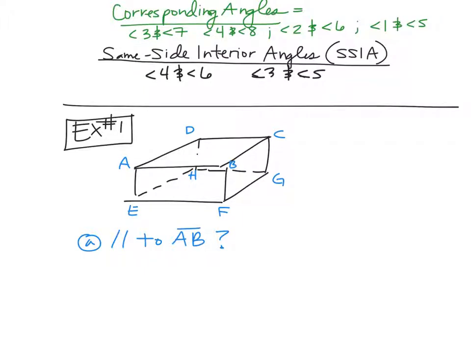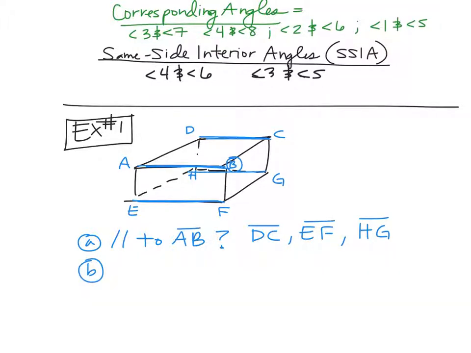We'll just do segments. Do you see any segments that are parallel to AB in this picture? Which ones? Wait, where is B? Oh, B is right here. Right, DC would be one. Okay, so if we're talking AB, DC would be parallel. What else? EF would be parallel. And HG would be parallel. Okay, so segments that are parallel.